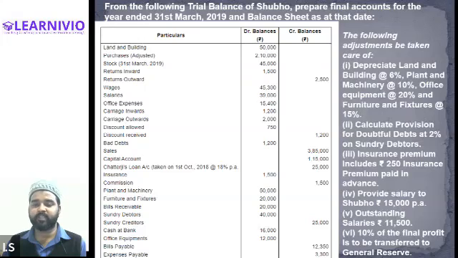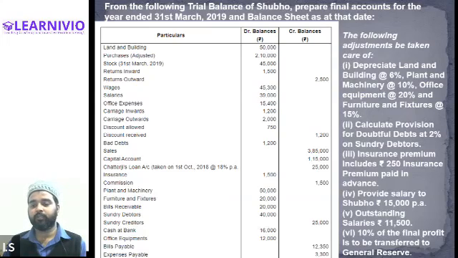In this question also, we need to prepare the final account, and for that purpose we will be preparing the trading account, the profit and loss account, and the balance sheet. So everyone, first of all, just prepare the format of all these accounts: trading, profit and loss, and the balance sheet.